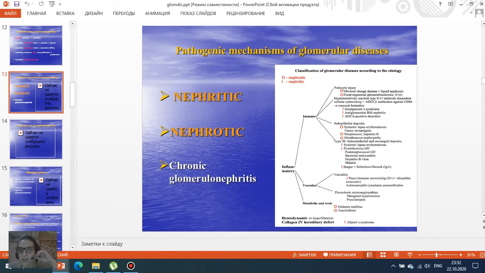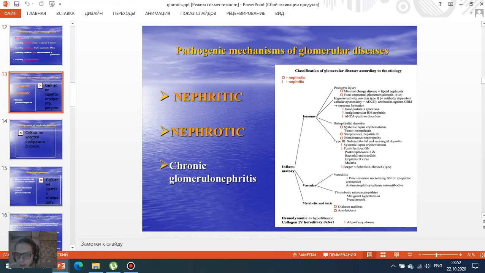Second, subepithelial deposits may be seen in systemic lupus erythematosus or post-infection glomerulonephritis. It may be post-streptococcal glomerulonephritis, bacterial endocarditis, hepatitis B virus, malaria, Behçet disease, and IgA nephropathy after Schönlein-Henoch purpura. Inflammatory vascular changes occur in vasculitis and pauci-immune necrotizing glomerulonephritis.